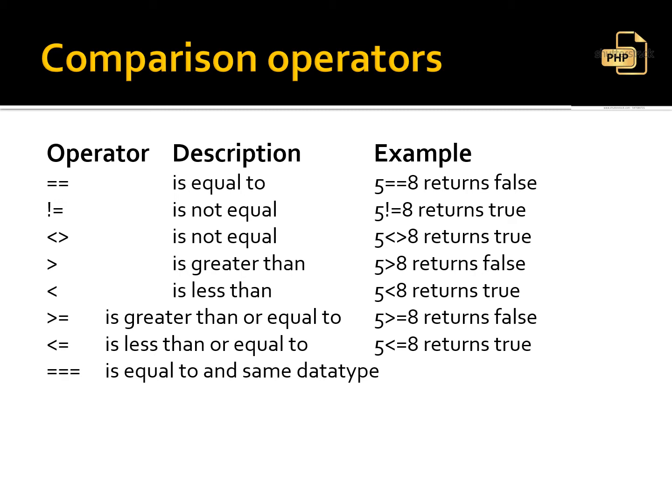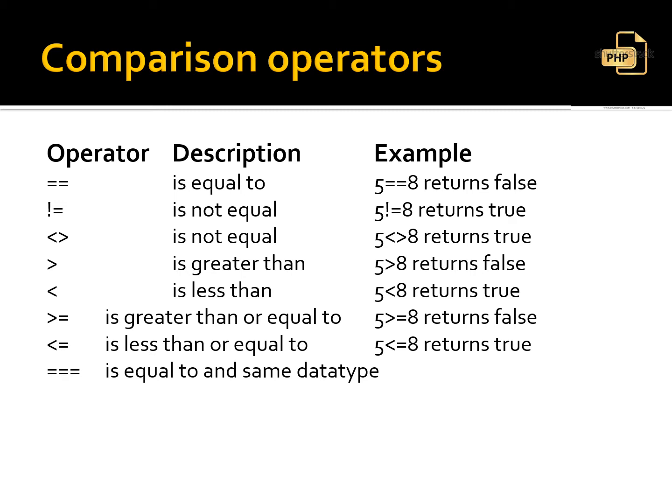Then greater than, simple, then less than, greater than or equal to, less than or equal to, triple equal to. So this triple equal to is used to compare the value as well as the data type of the two variables on the left hand side and right hand side.